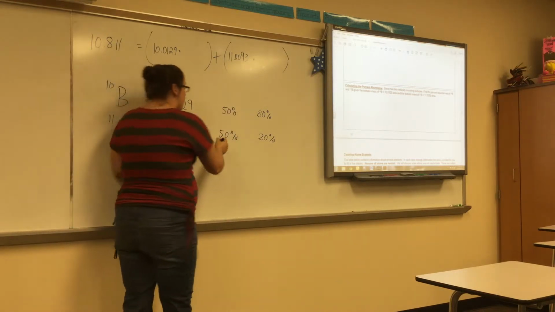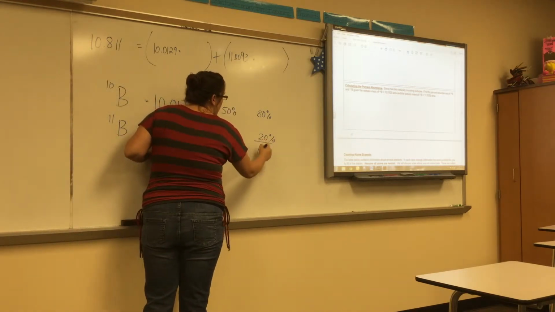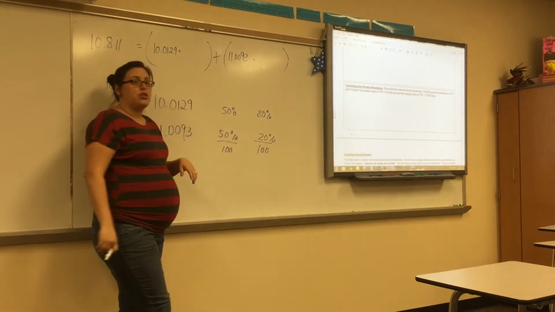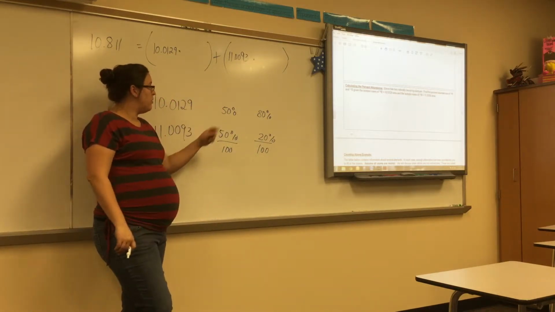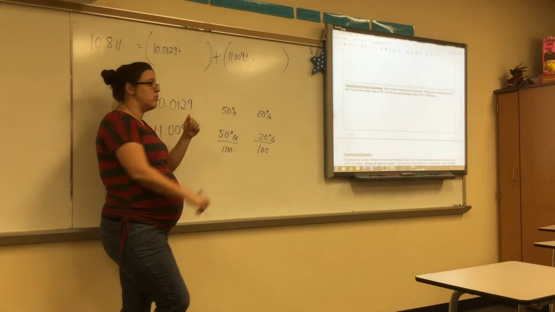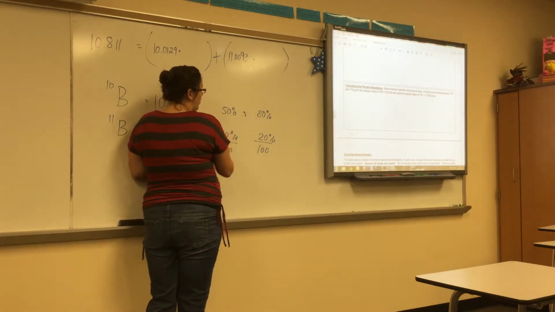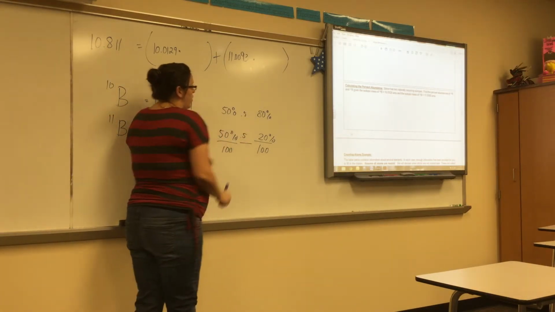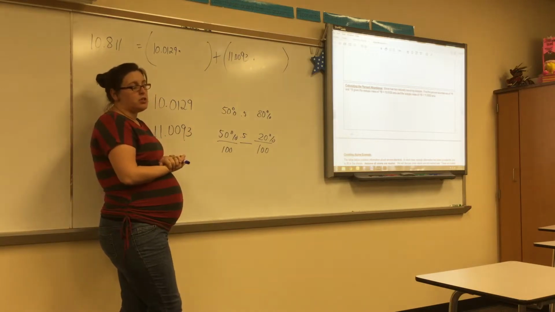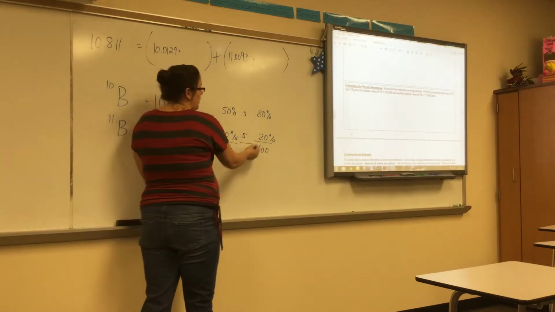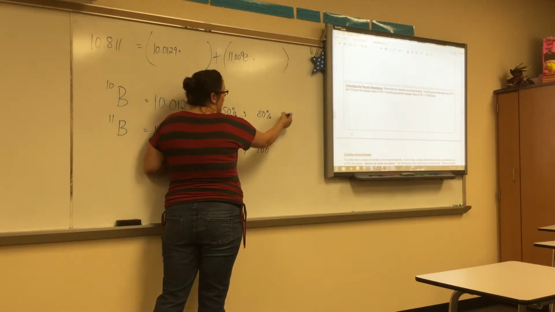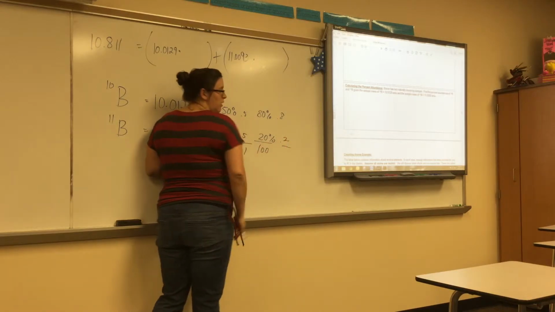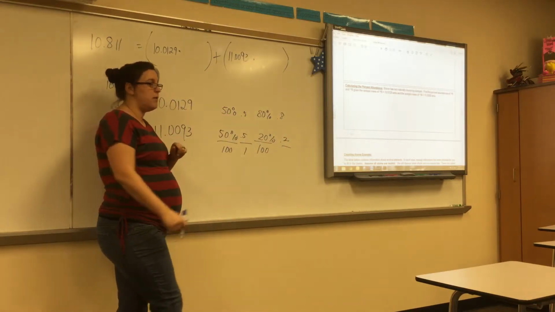100. Okay, well, let's say that if we were to use these in decimal form, what would 50% be turned into? 0.5. What would this one be? 0.5. What would 0.5 and 0.5 add up to? 1, right? Is that the same pattern here? This would be 0.8, 0.2, which does add up to 1, right?